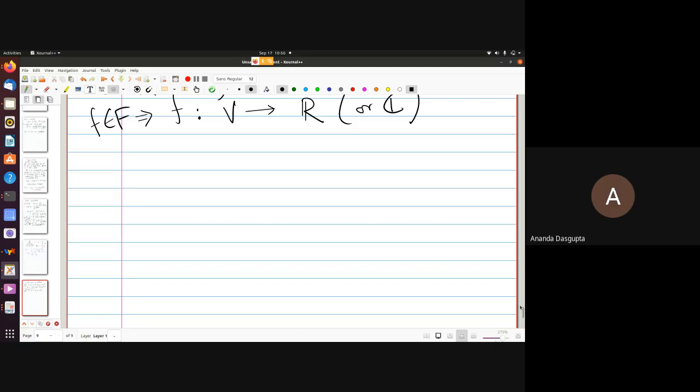The space of linear functions from V to R, where V is a vector space. What is that space called? A dual space. That's a dual space, right? We are not talking about that here. Dual space is specifically spanned by functions which are linear. Okay? Here we are making no such restriction. The function is a function acting on a vector space, elements of a vector space.